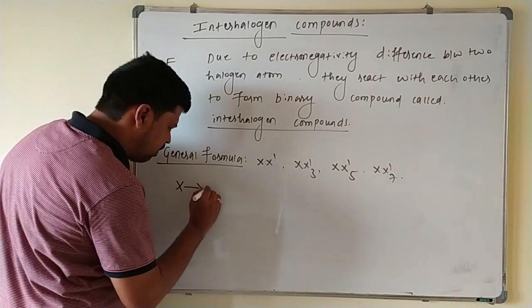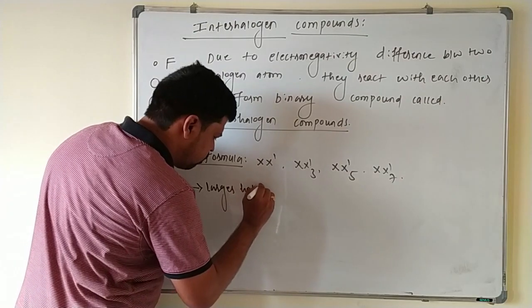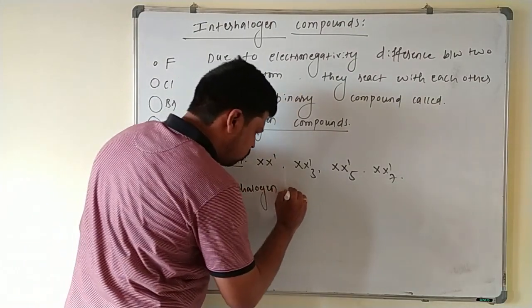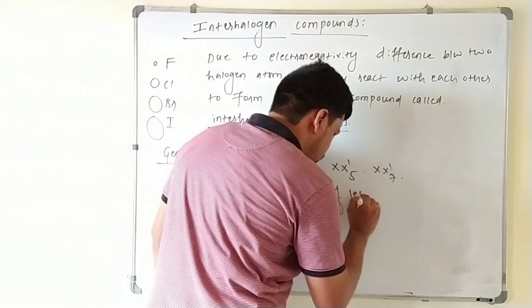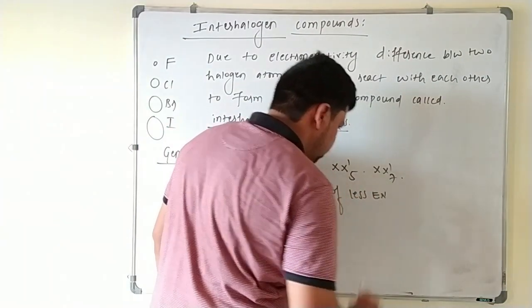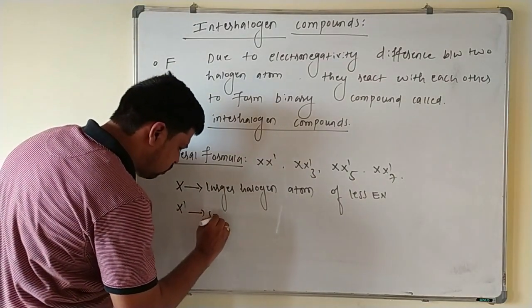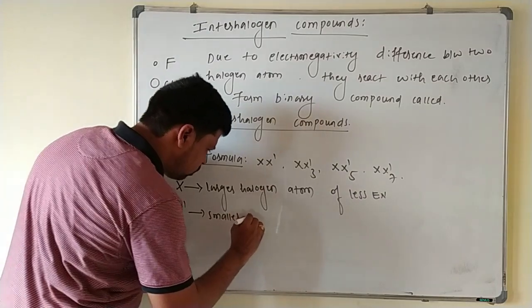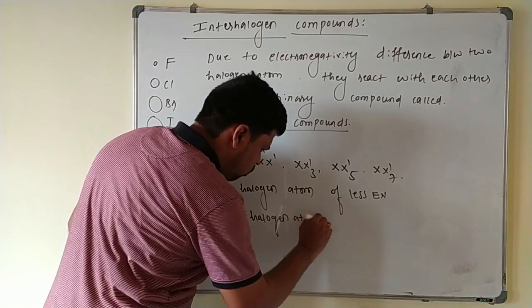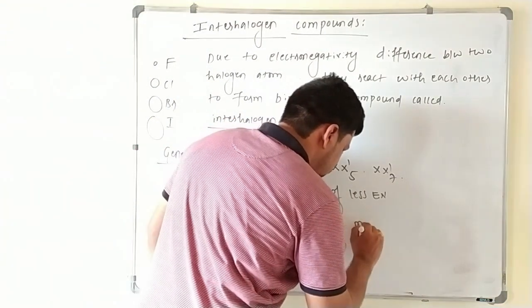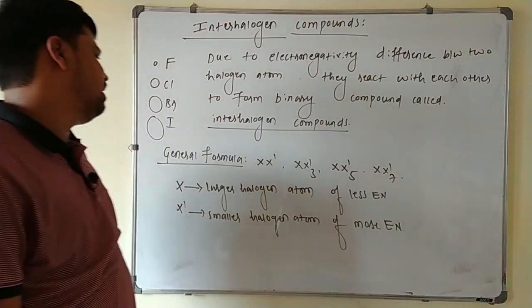In this, X will be the larger halogen atom of less electronegativity, and X' will be the smaller halogen atom of more electronegativity.